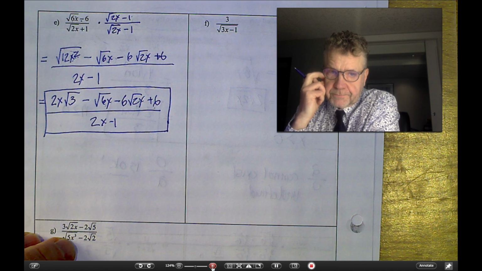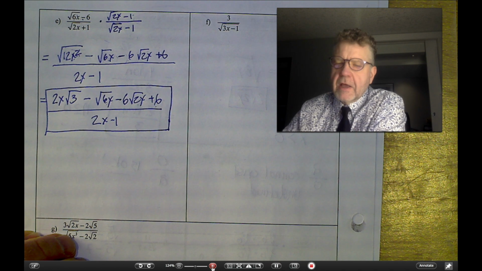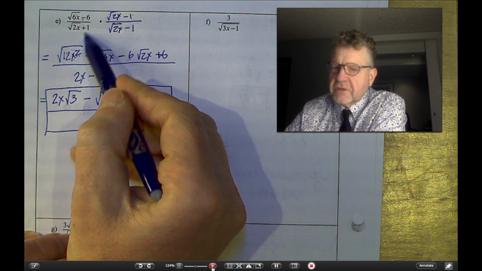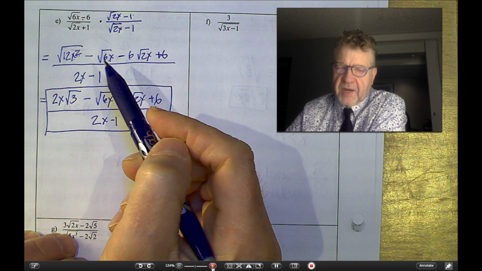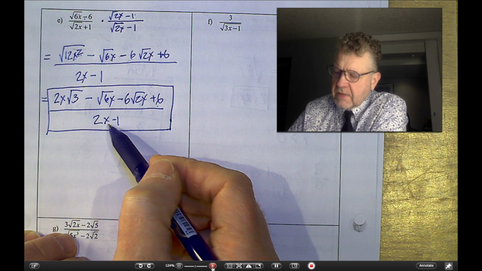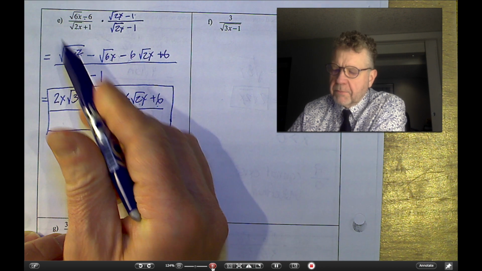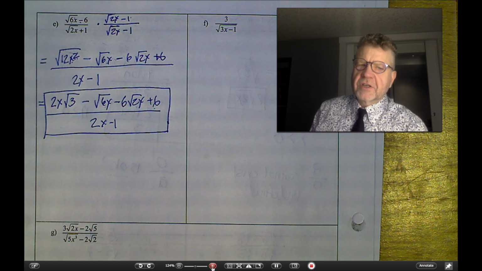Now, restrictions. Restrictions, restrictions, restrictions. Remember, you have to look both to the original problem or expression, and you've got to look to the final expression. Let's look at the bottom one first, okay? You have to look at both numerator, denominator of both, and see if there are any restrictions on what x is.